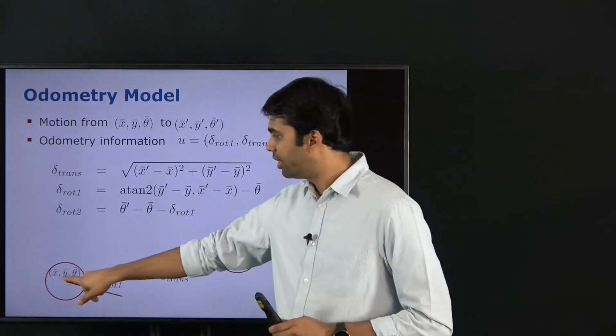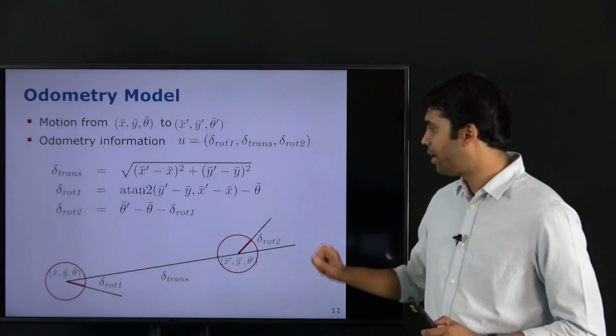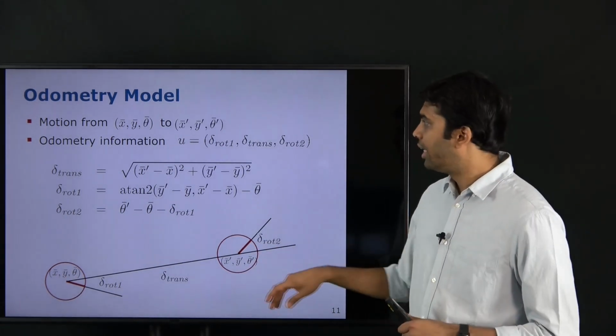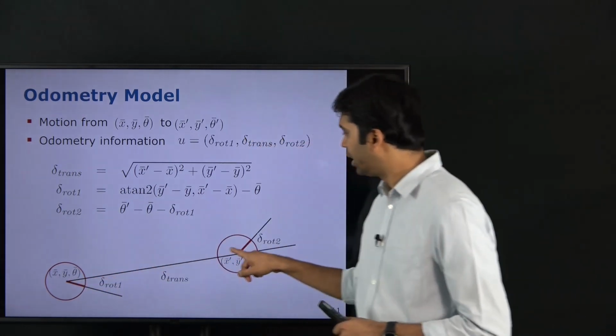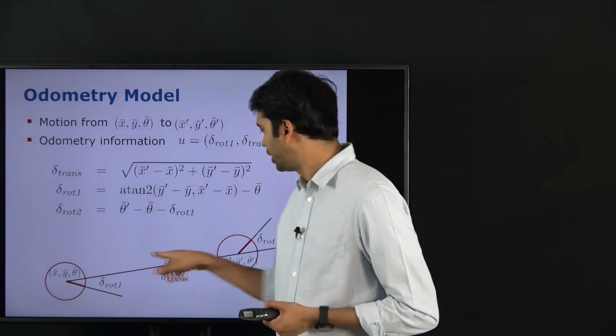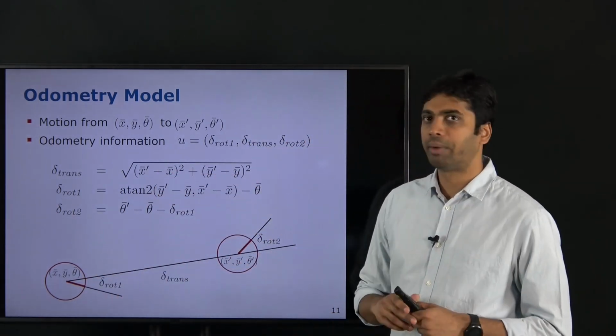So we know that we start at this position and we end up at this position. So it's the position and the orientation, so the pose. And so for example, to figure out what's the translation that we moved, it's essentially the distance between these two coordinates, and this is what we see here.